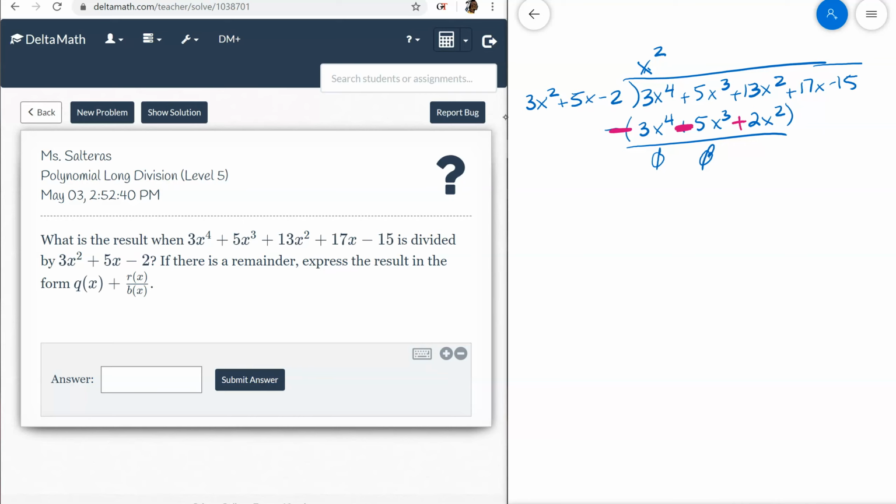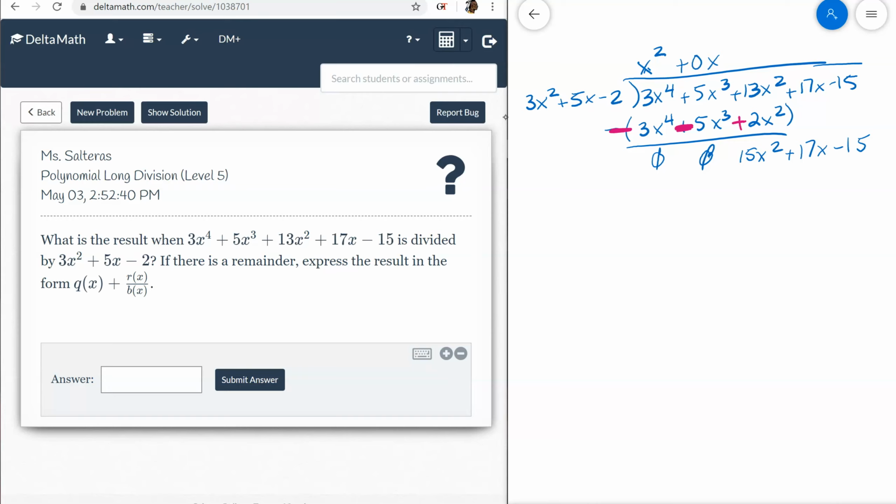So what do we have left over? We have 15x squared plus 17x minus 15. Since you missed this term, you can actually put in that placeholder as plus 0x if you would like.